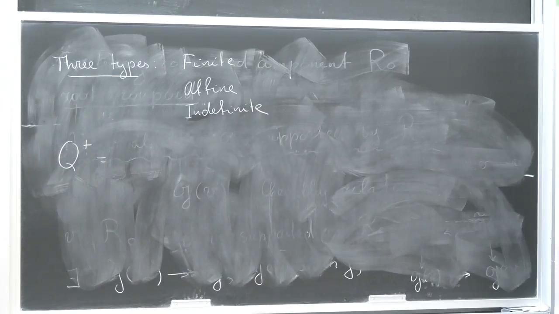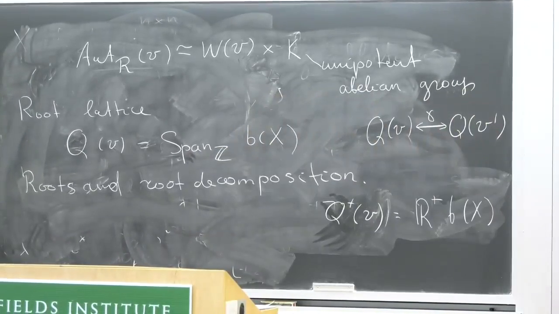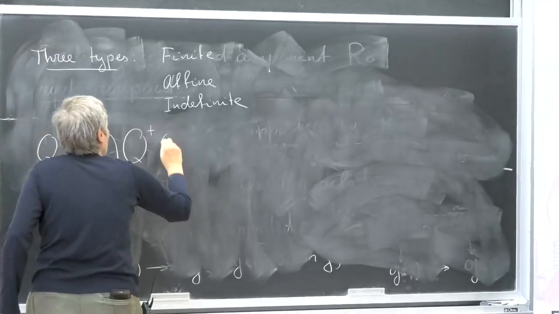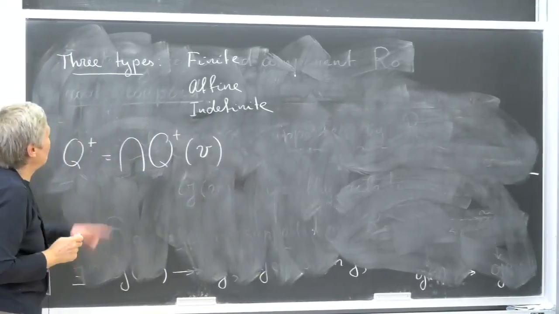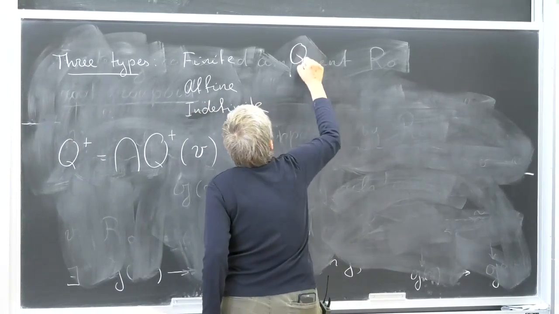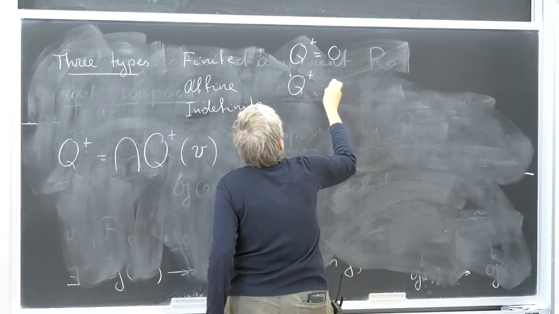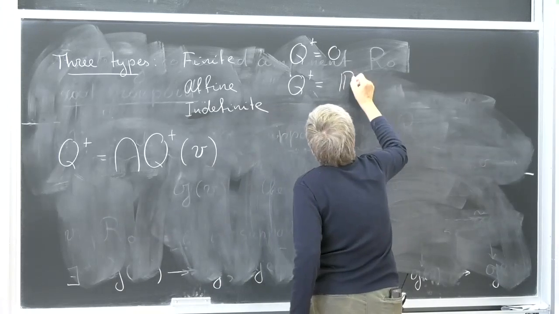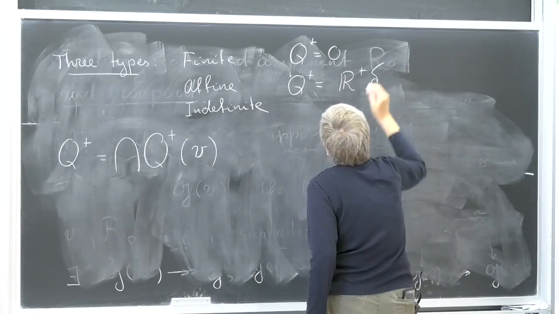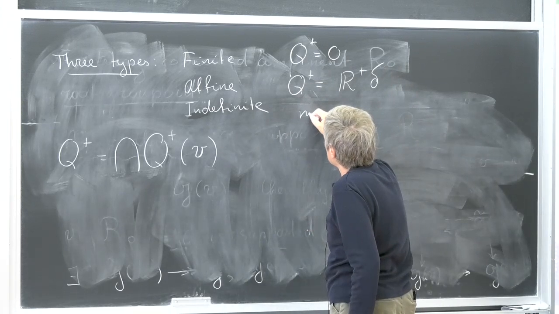So let us call this Q plus of V. And when we take the intersection over all vertices, in the finite case, Q plus is 0, here Q plus is a line, an R plus array rather, just one-dimensional, and here none of the above.